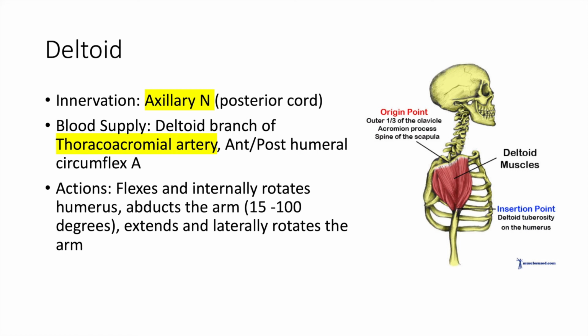So it's got an anterior, posterior, and middle head. And it's going to also abduct the arm 15 to 100 degrees. So we're going to learn all of the abductors of the arm. So now we've learned two. We'll add a third one on. But it's really important to know what abducts the arm. And this is the majority of the abduction, the deltoid.